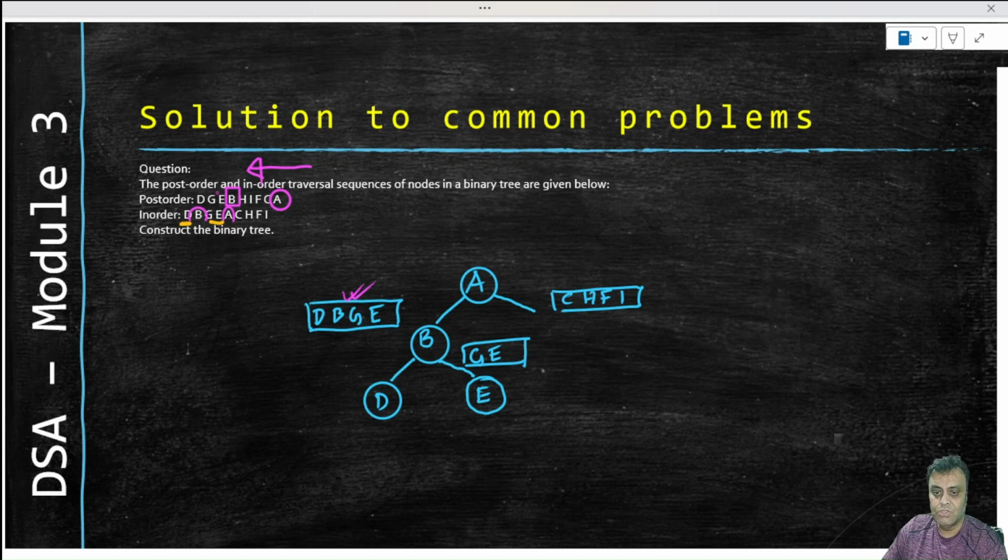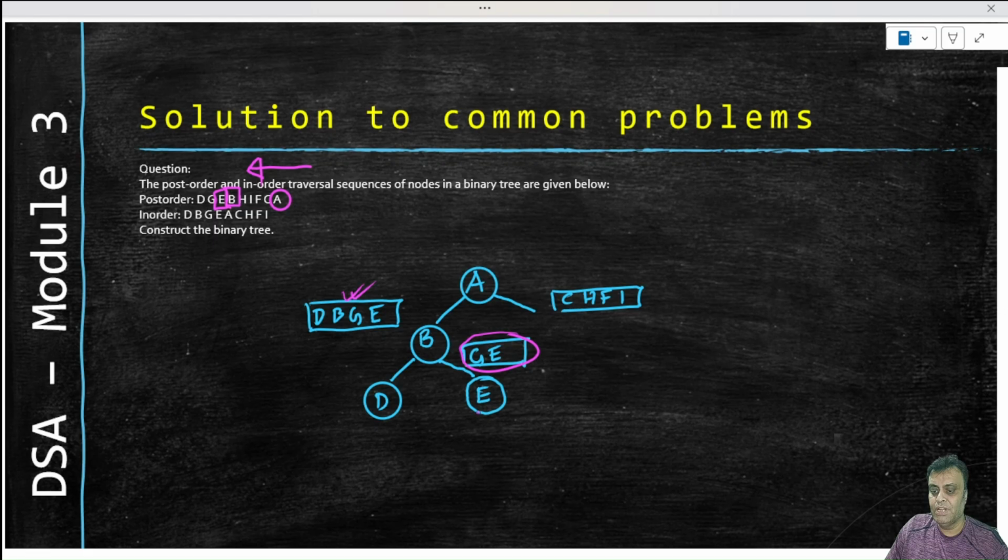So E is the root, so we will take E from here and go to the inorder and ask, if E is my root, give me the left and the right subtree. There is no need for that, because it was already established that the right subtree here had G and E.